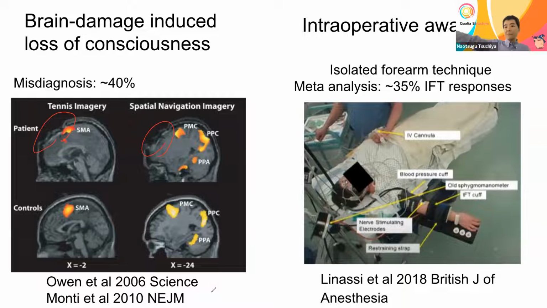And this has been demonstrated by a technique called isolated forearm testing. Here, if you cuff the arm at that location, this IFT cuff here, then for some reason which I don't fully understand, you can possibly move your hand to report yes or no. Under this anesthetized state, where the brain globally seems to be in an unconscious state, if the doctor asks the patient whether they are conscious or not, up to 35% of people can say yes or no during this unconscious state.